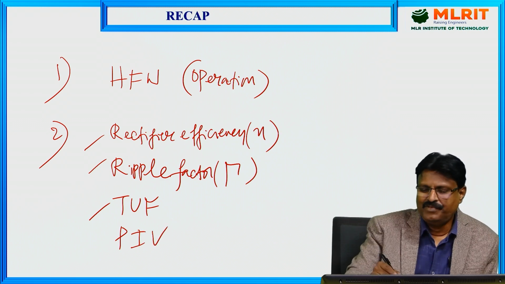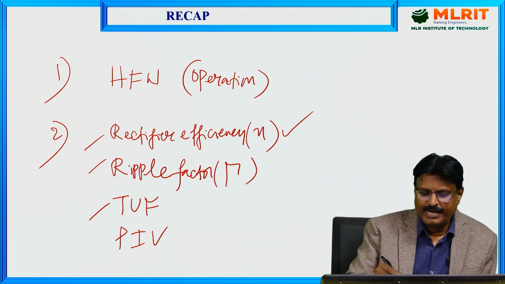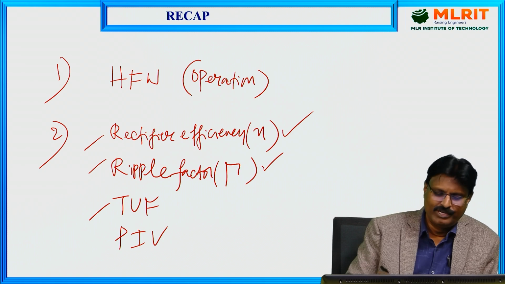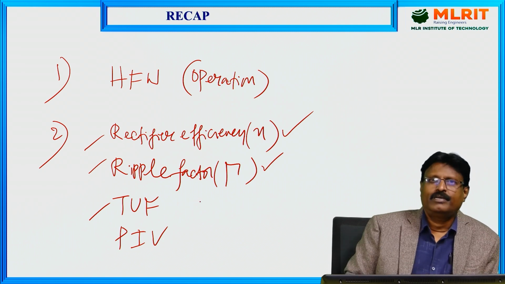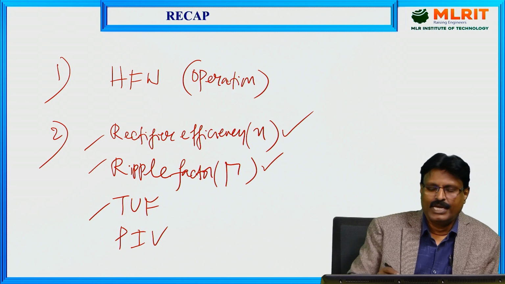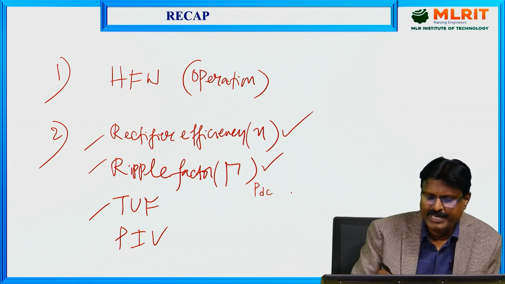Rectifier efficiency is PDC by PAC, and ripple factor is root over VRMS square by VDC whole square minus 1, and TUF is the transformer utilization factor, that is equal to PDC by PAC rated.